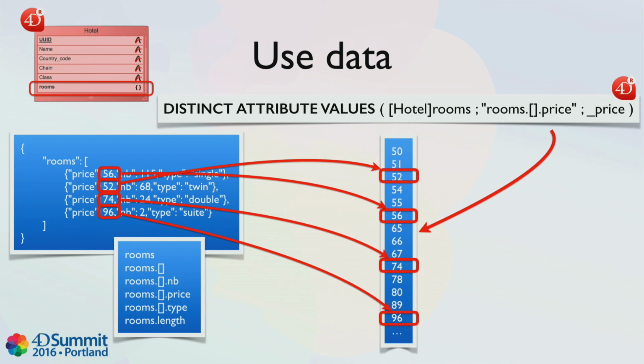Okay. All the prices correspond to this path. It's not possible to restrict just for the single. So it's really important to imagine the future request before choosing your structure.